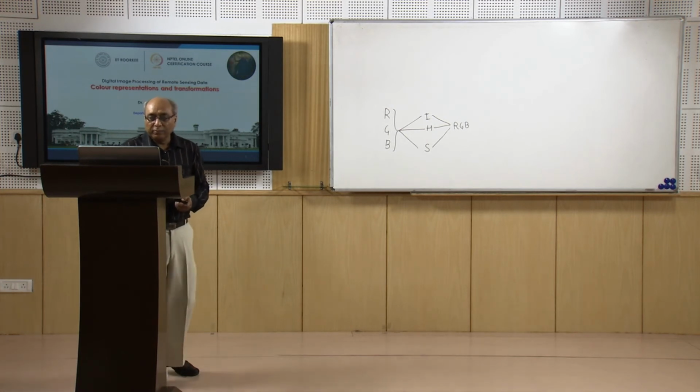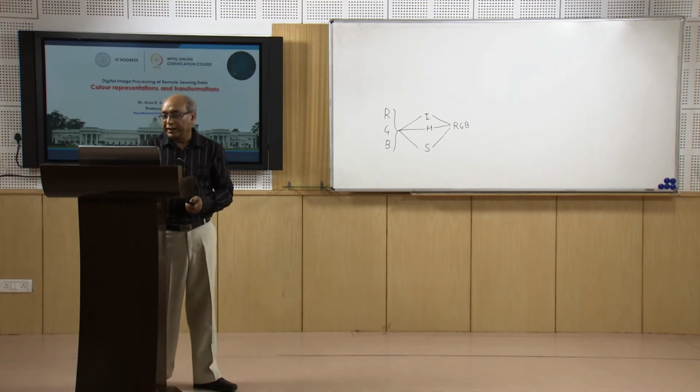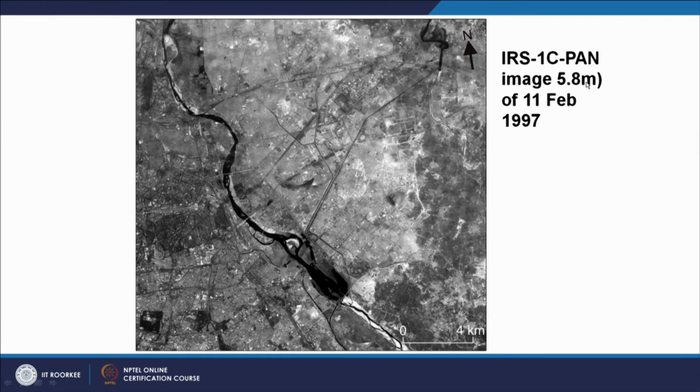Now the real example, as I have been mentioning: IRS 1C PAN, 5.8 meter resolution, taken on 11th February 1997, and this area is a part of the NCR region, Delhi region.